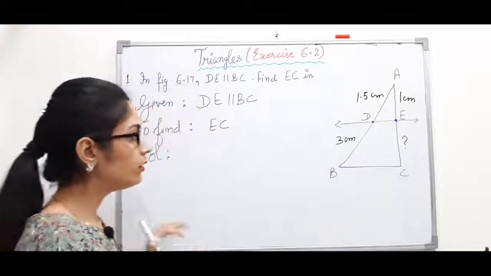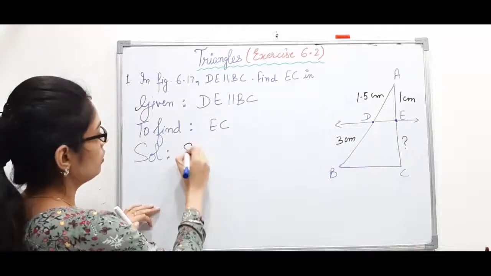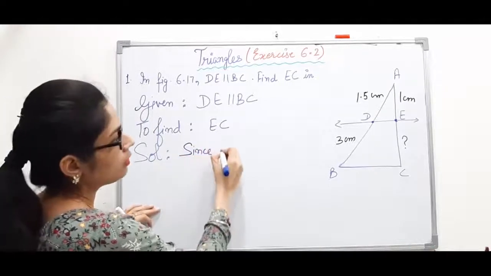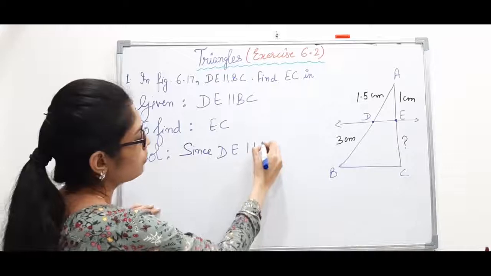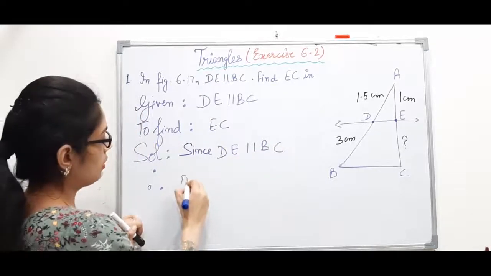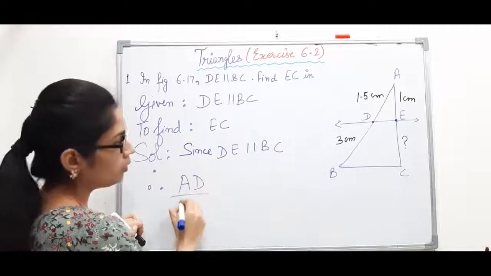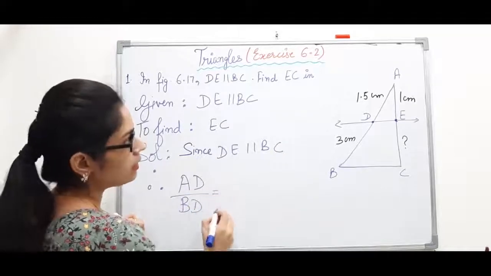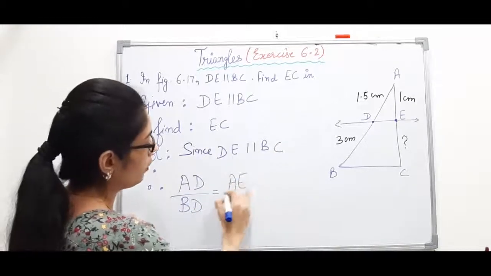So let's write it down. Since DE is parallel to BC, therefore AD upon BD is equal to AE upon EC.